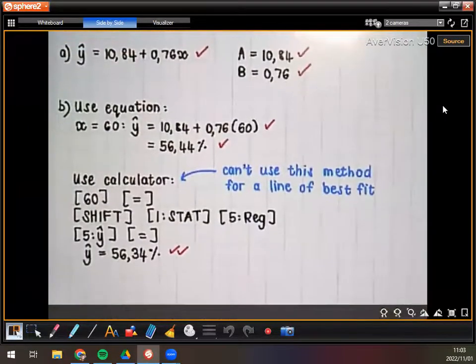Are there any questions at this point? I'm going to give you some questions now from the revision exercise. Yeah, so it's just Venn diagram. Oh, we're going to do that tomorrow.